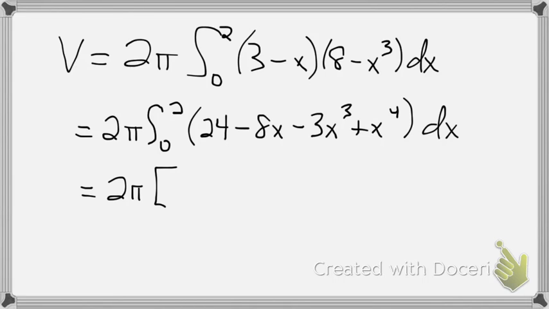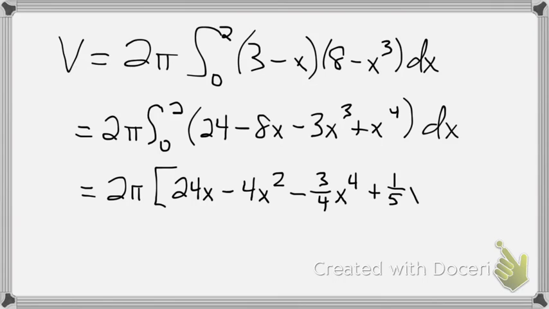All of those we can find the antiderivative of. 24x. Minus 8x, negative 4x squared. Minus 3x cubed, negative 3/4 x to the 4th. Plus x to the 4th, x to the 5th over 5, that's fine. You can do x to the 5th over 5 or 1/5 x to the 5th. All right? Fraction Hades on this one.